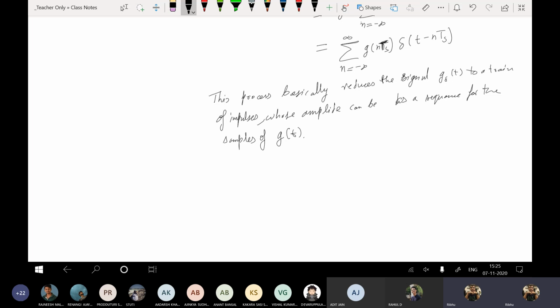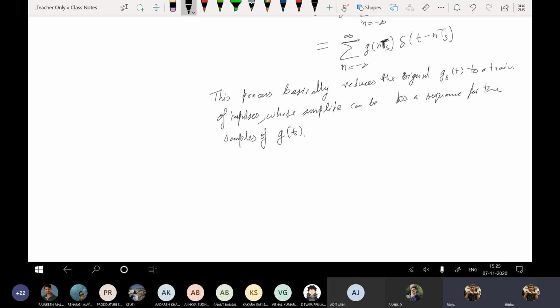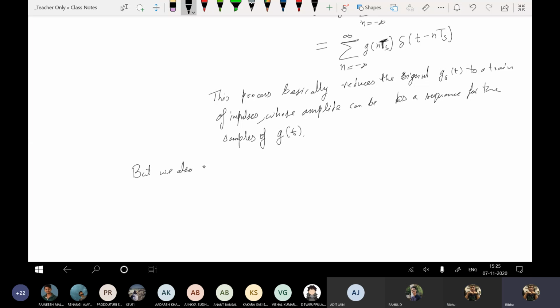Now we come to a second condition: we also wanted that g(t) should be recoverable from the samples g[n].